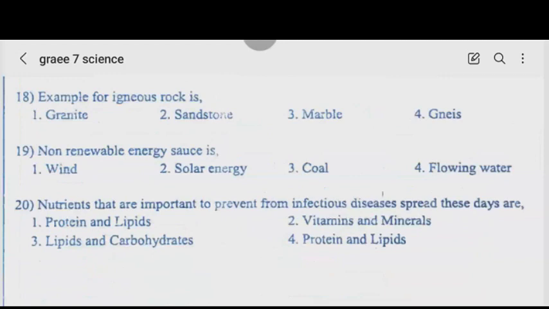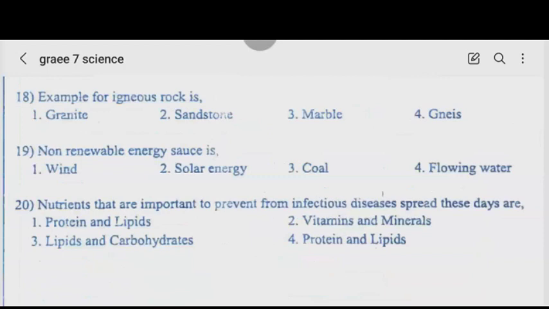Okay, we'll move on to the 20th question. Nutrients that are important to prevent infectious diseases spreading these days. First you all need vitamins, children. That's why your mother will give you vitamin C when you get sick, when you have sneezing or a cold.